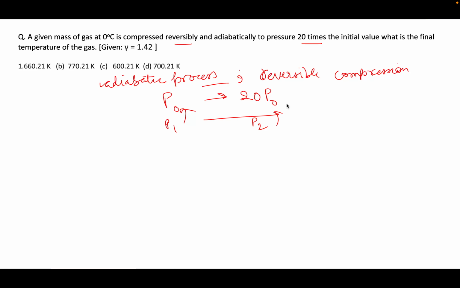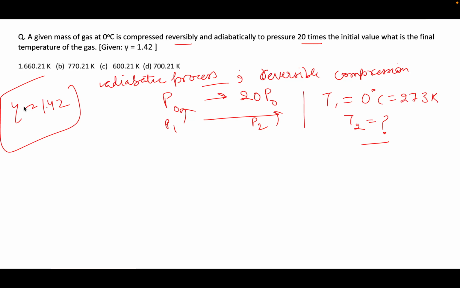Now temperature T1 is given. T1 is 0 degrees Celsius, that is 273 Kelvin, and T2 we need to calculate. Gamma is given, this is equal to 1.42. So let's calculate it.